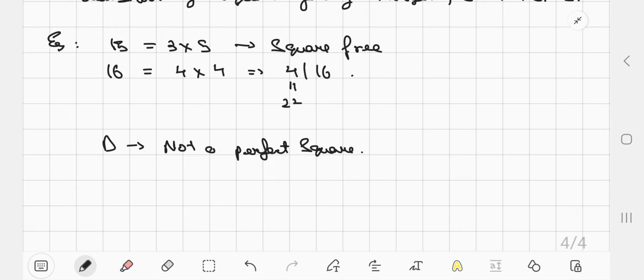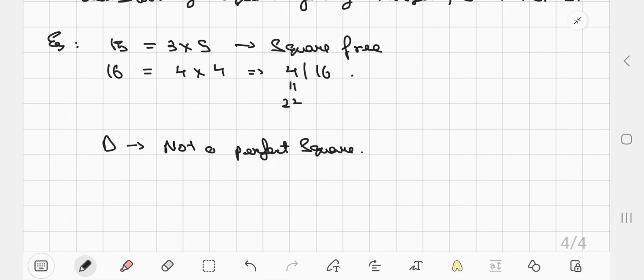Because if every prime factor of D had an even power, then we would surely be able to take the square root of D, or in other words, D would have been a perfect square.